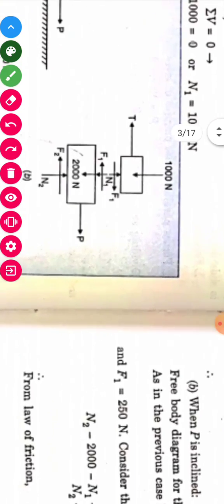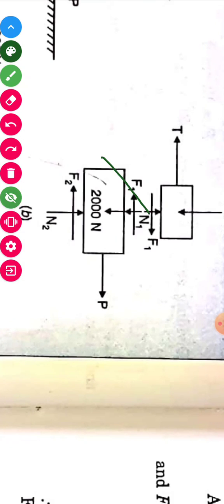So we have N2, we have 2000 Newton, we have also N1. If you zoom in here, you can see. Let us zoom in here. I will show you by zooming in. We have N2, 2000 Newton, and N1.